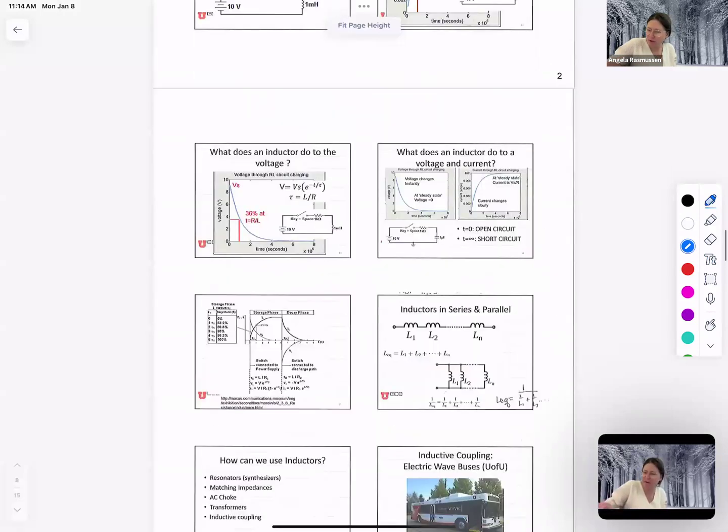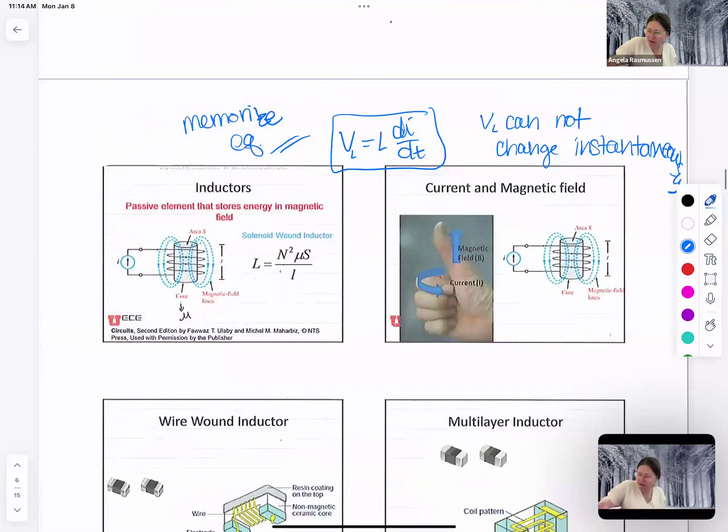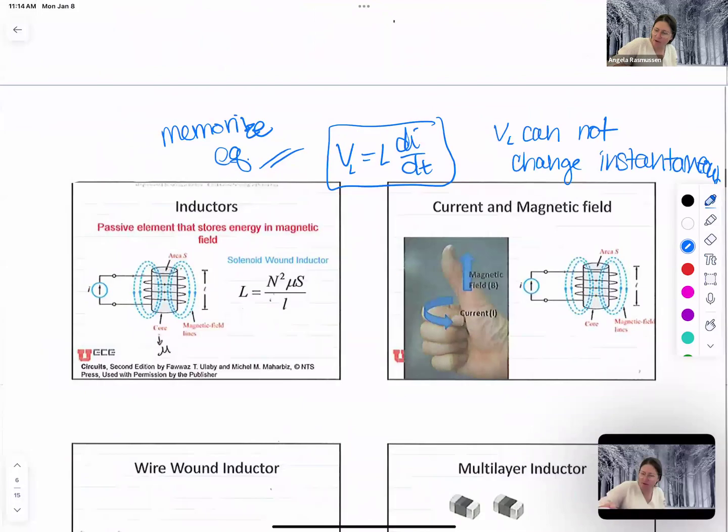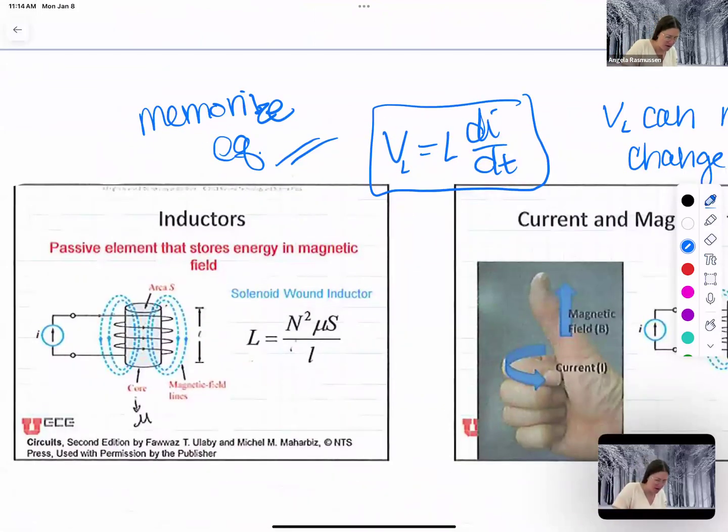Another way to look at this is just by the equation itself. If di/dt is 0, what does that mean? Constant current across. The current isn't changing.